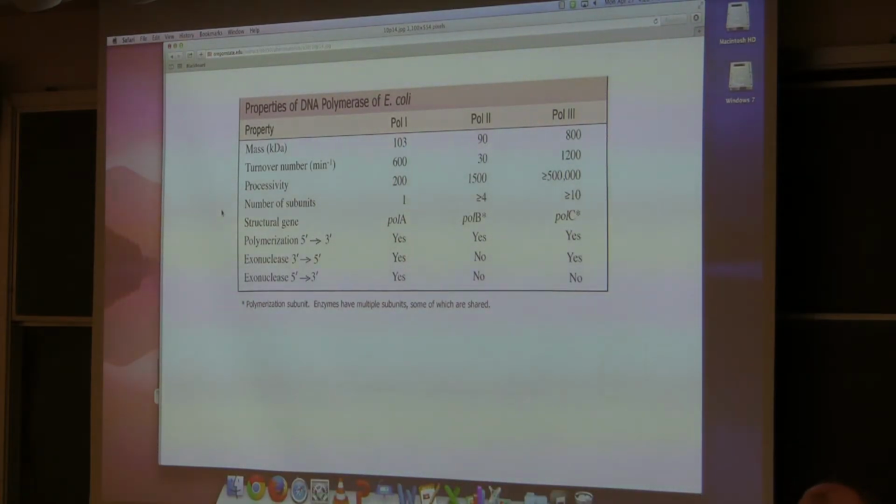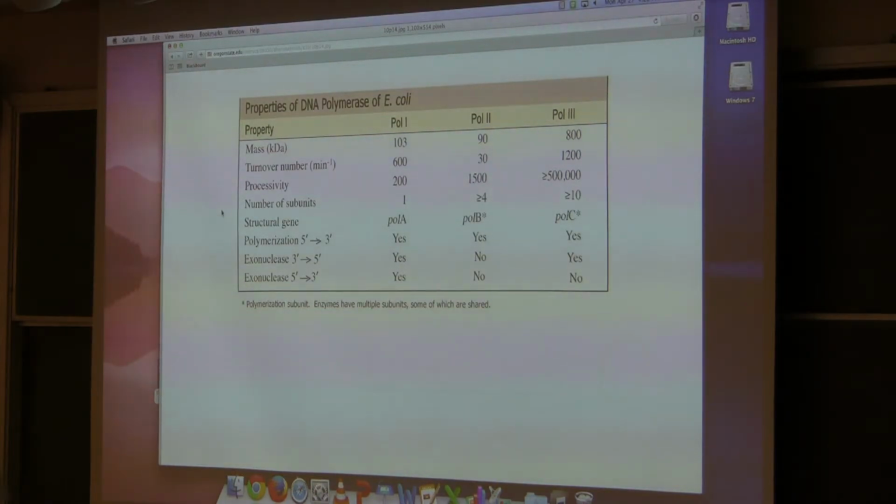If we compare that to polymerase 3, we see polymerization 5' to 3', exonuclease 3' to 5', but we see no for exonuclease 5' to 3'. I'm going to tell you what those things are. These are all reactions that these polymerases will catalyze.